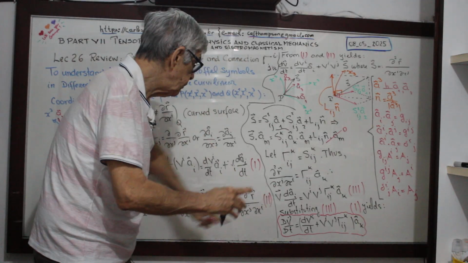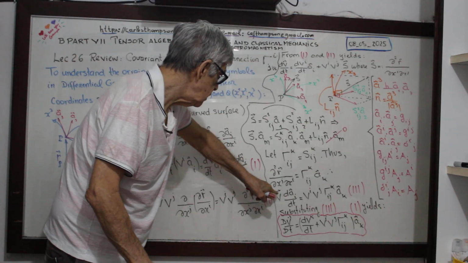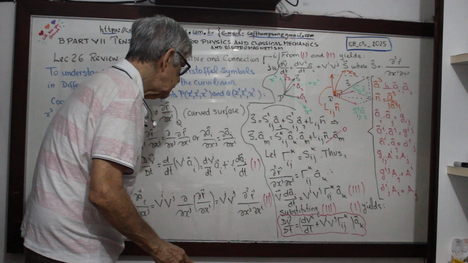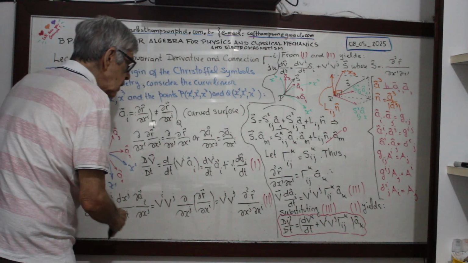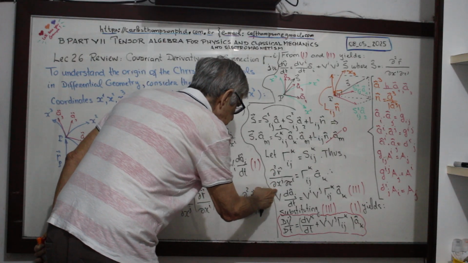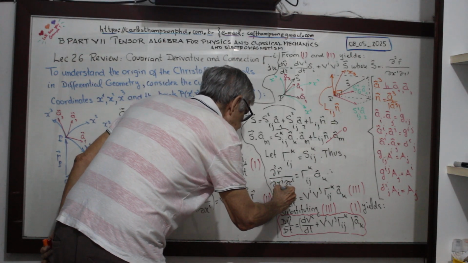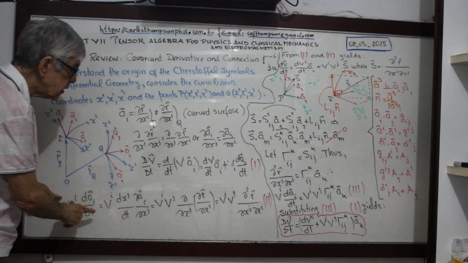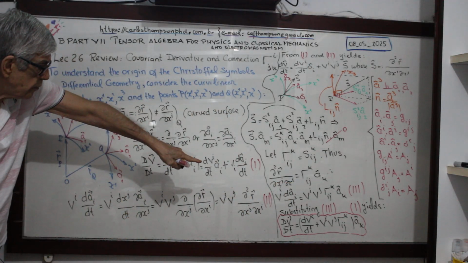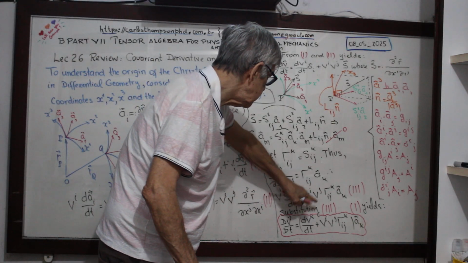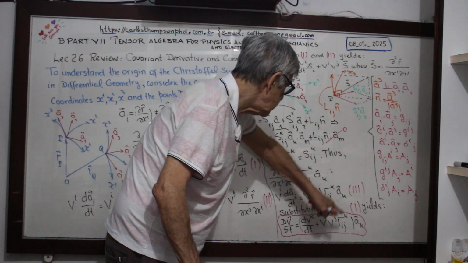Then now this term here, the vector V, let's write here, this is V^i. I just copy from here and wrote over there. Then I substitute this V^i, V^j, gamma_ijk, a_k.